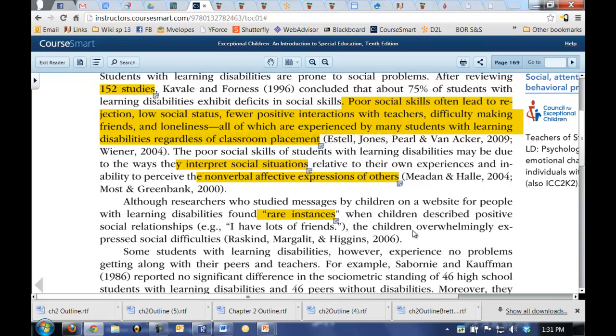And I thought, for a long time, that they were just jaded from such a long history of failure. But when you drill down a little farther, I think there were some fundamental deficits in their ability to read social cues. Their social cue development was just as delayed as their academic skills. So they're in 8th grade, and their academic skills are back at about the 3rd grade level.